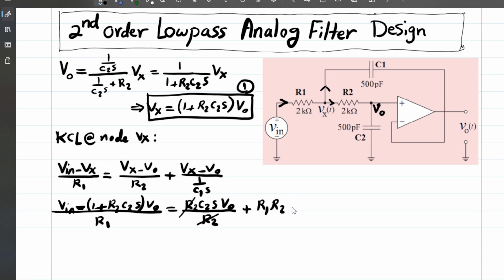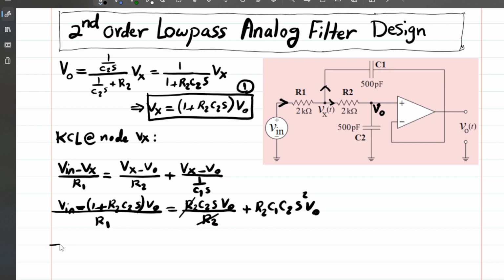I made a little mistake. Okay, so it becomes R2C1C2s squared Vout. That is what we get. The nice thing is now I can multiply both sides of this equation by R1 to get rid of R1.